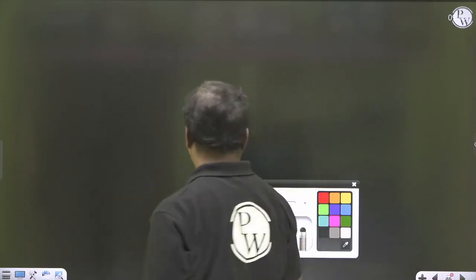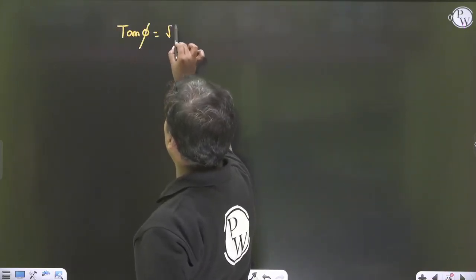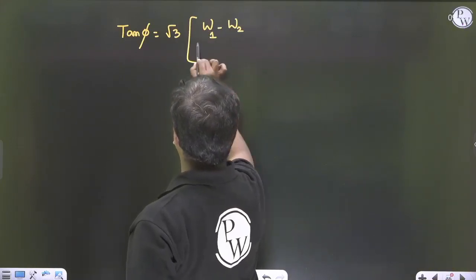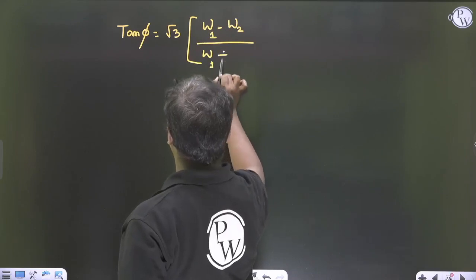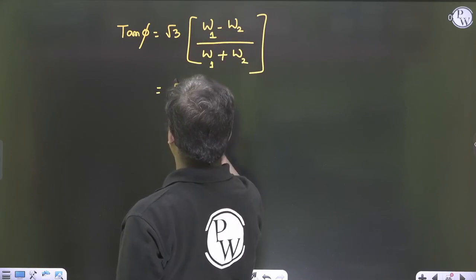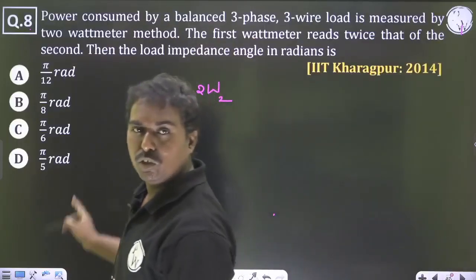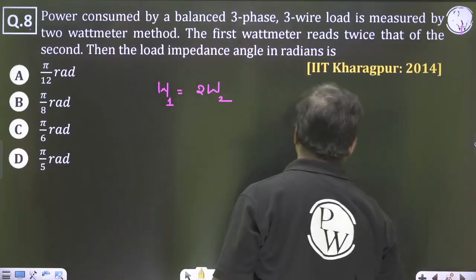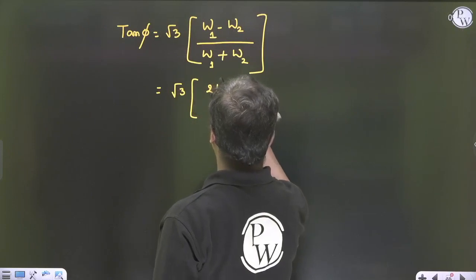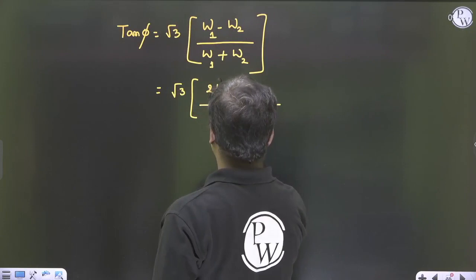So directly we can go with tan phi is equal to root 3 times W1 minus W2 by W1 plus W2. W1 is equal to 2W2, so this becomes root 3 times 2W2 minus W2 divided by 2W2 plus W2.